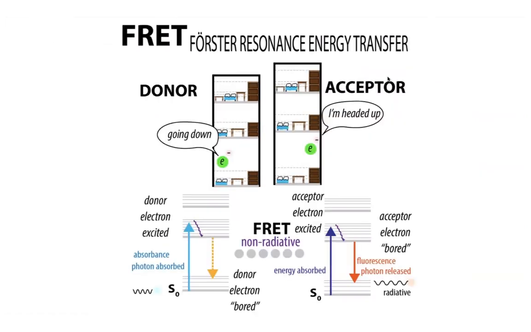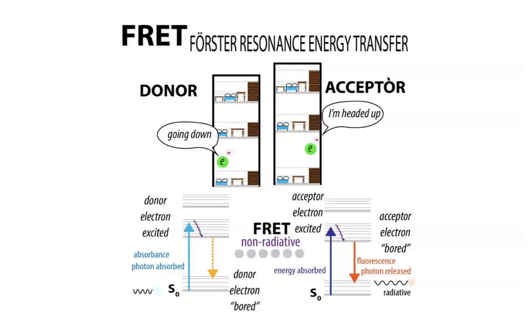It's kind of like you have two apartment buildings, and if their elevators are just lined up right, what can happen is that when one is going down, it hops over to the next door apartment and takes the ride up to excite that electron. So it's non-radiative transfer. The first one isn't even giving off the light. It's just getting transferred non-radiatively, not through light, to that second molecule.